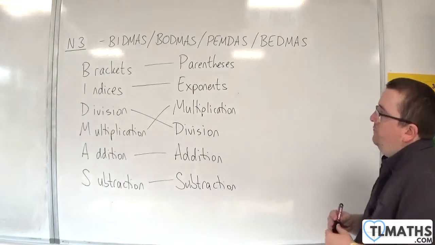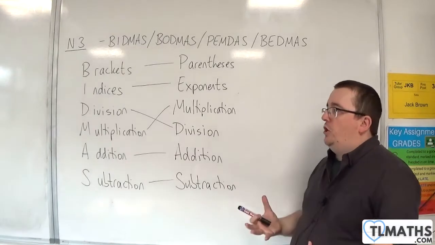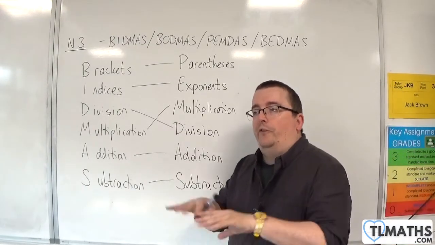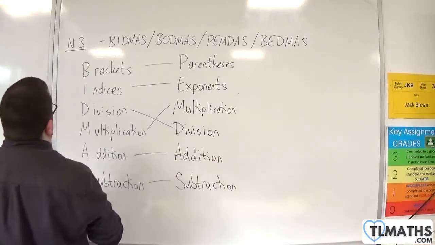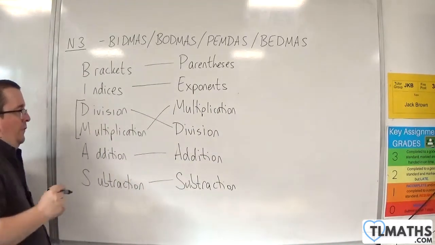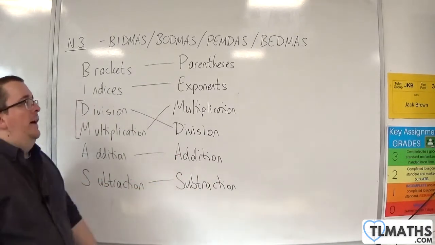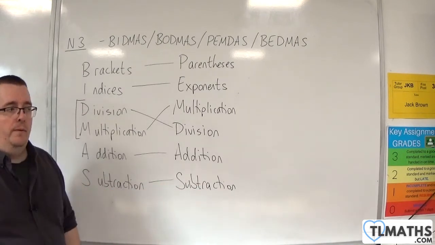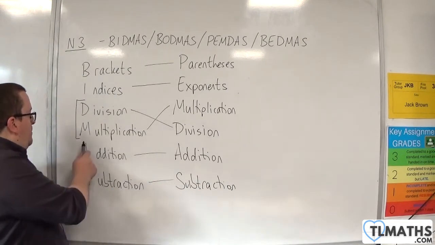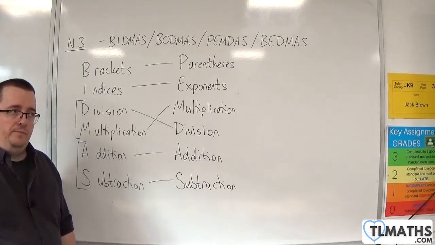Well, that's because division and multiplication are on the same pedestal. They have the same importance. So when you come to division and multiplication, if you've got just divisions and multiplications, generally we just say work from left to right. Okay? And the same with addition and subtraction. They are on the same level as well.